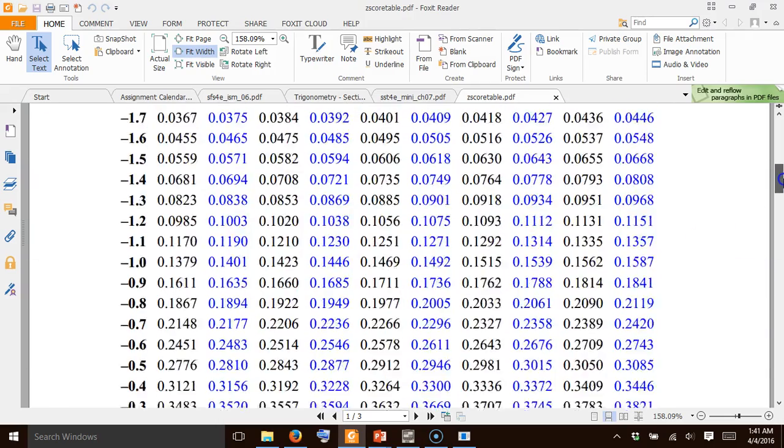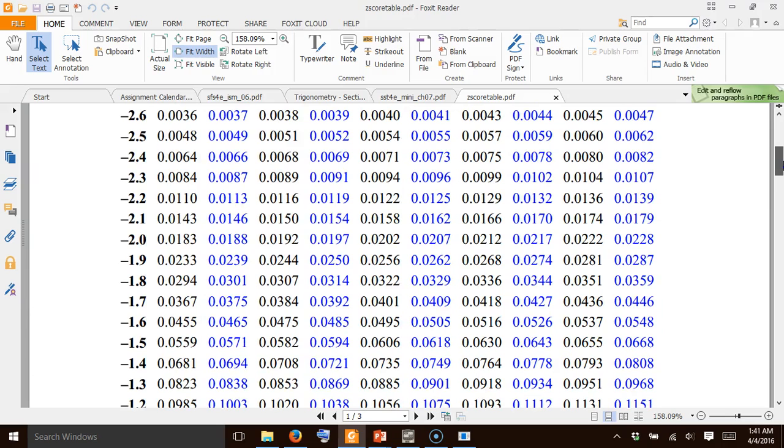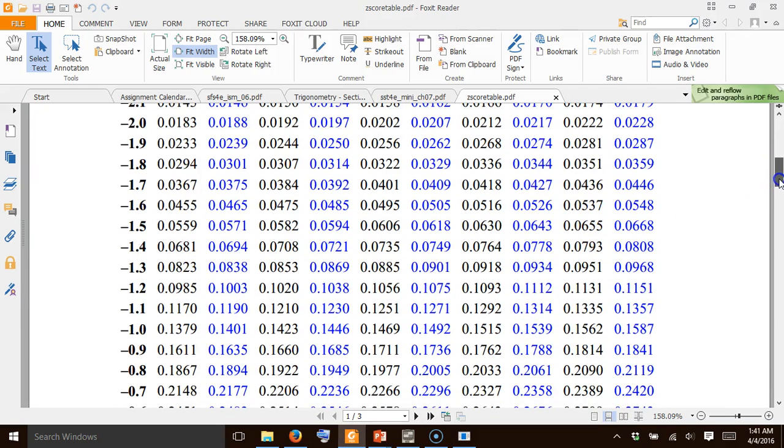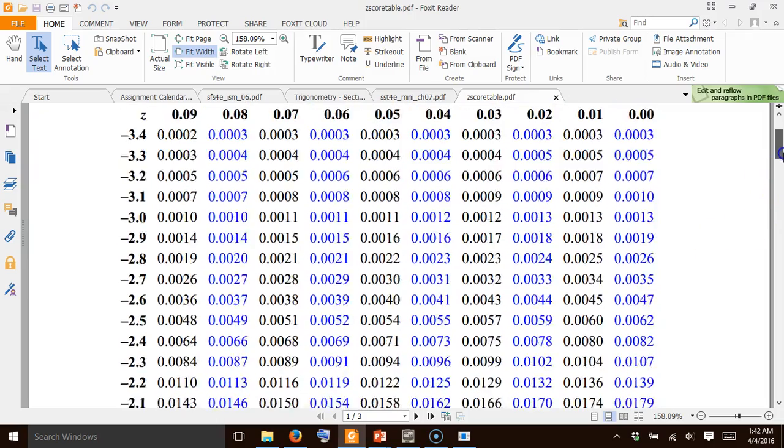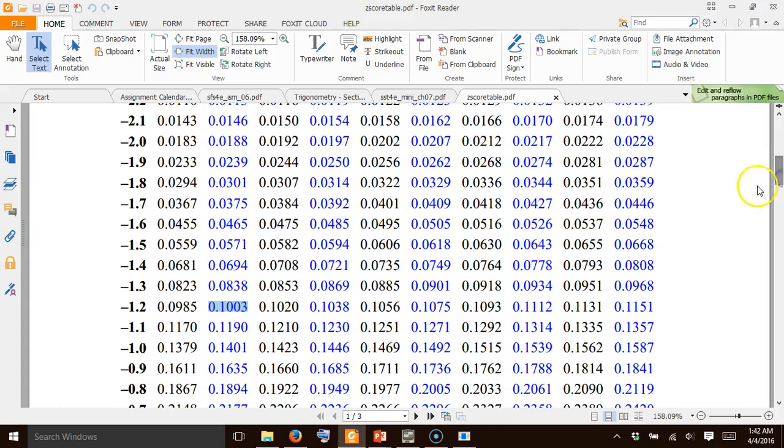So let's go up to these negative values and actually go further down. 0.10 looks like this is the closest number that we are going to get to that, and that is negative 1.2, I believe. 1.2, yeah, negative 1.28.